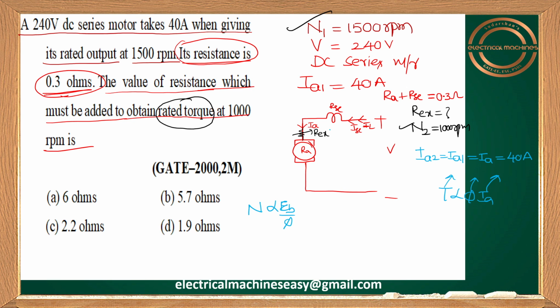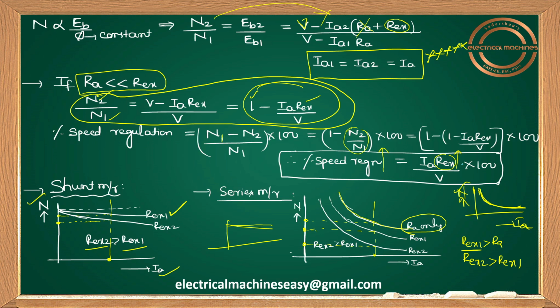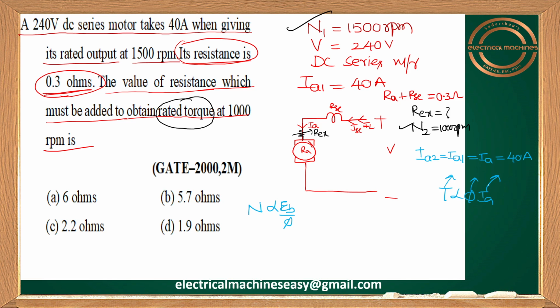No doubt, because Rex is added, the armature current is not exactly constant, but I am saying you can take the IA value approximately constant because of this explanation. So IA, flux and torque can all be taken as constant here.